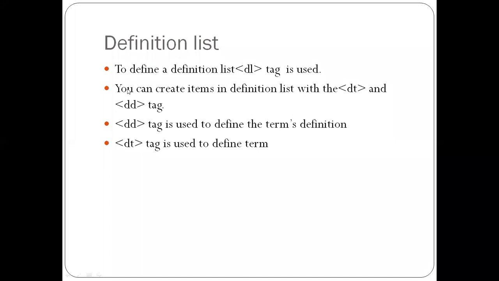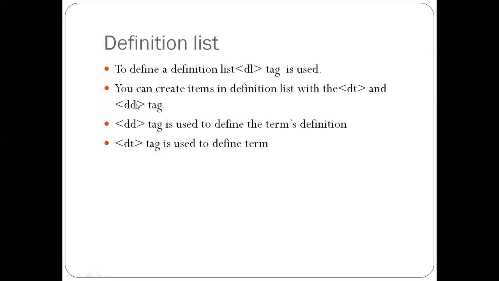You can create the items in definition list with DT and DD tag. Means these are the sub tags DT and DD. As in unordered list and ordered list, to mark the list item, we use LI tag. Here, to start the definition list, we need two sub tags DT and DD. D stands for definition, T stands for term.